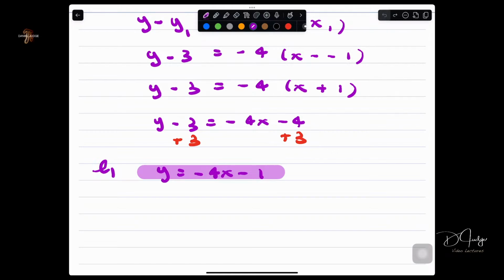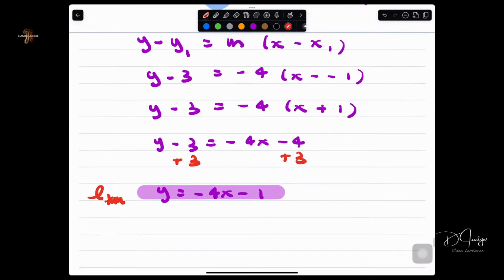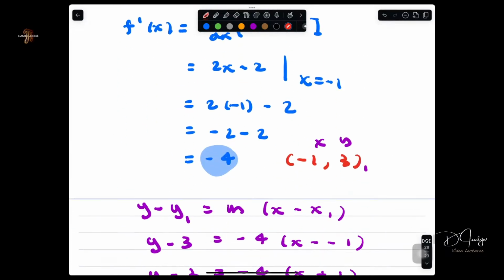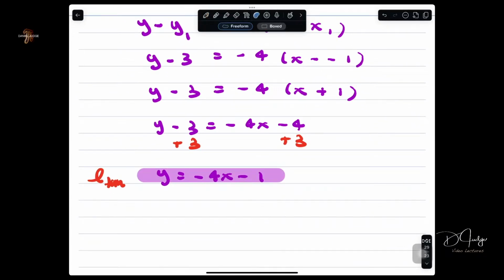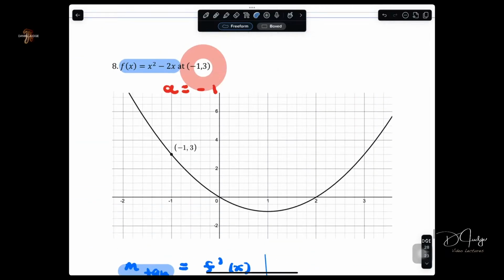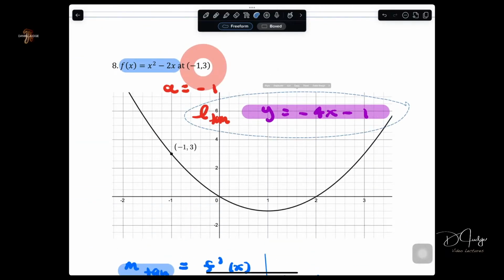That's our tangent. Let's put that in red. -4x minus 1. So what I'm going to do here, okay, let's copy that. Put it back over here so you guys can see this. I'm going to now draw that line there. Y is -4x minus 1.